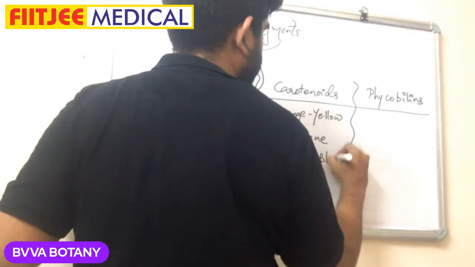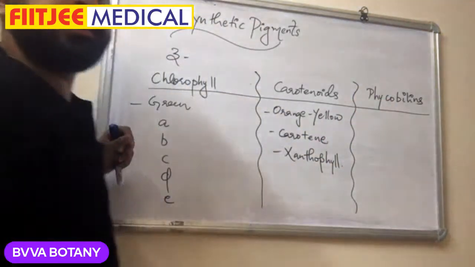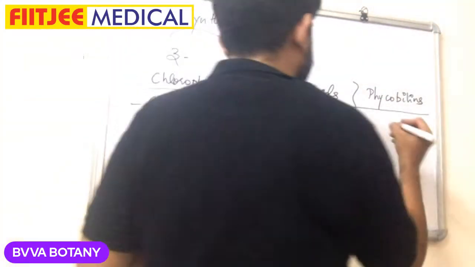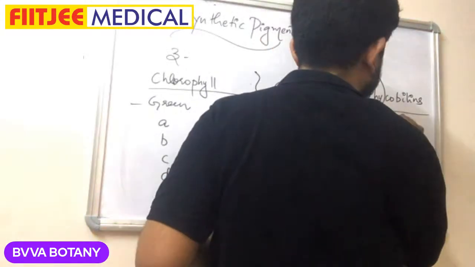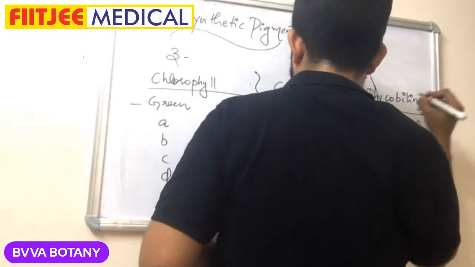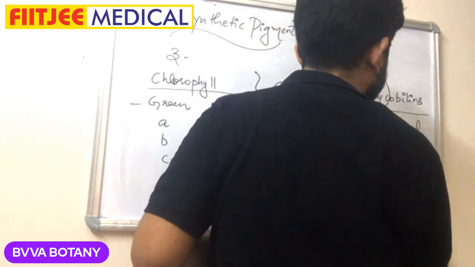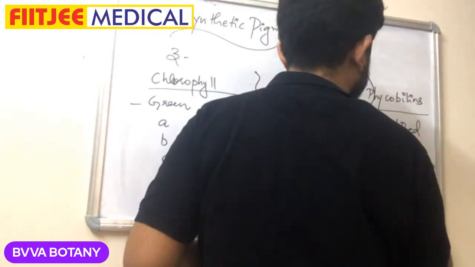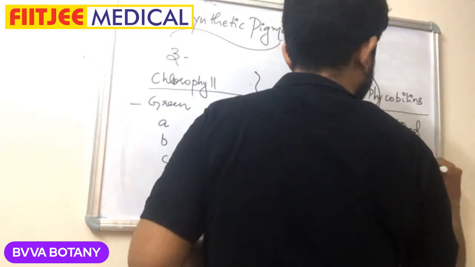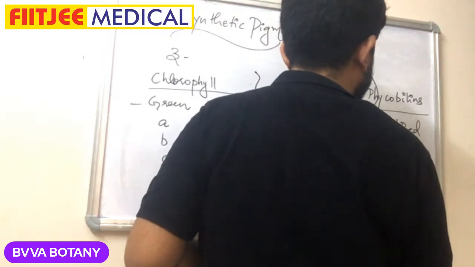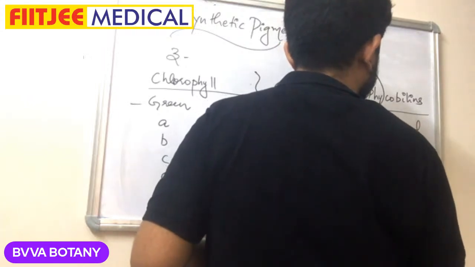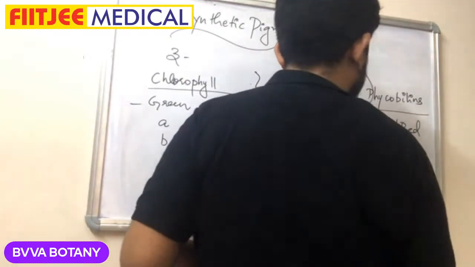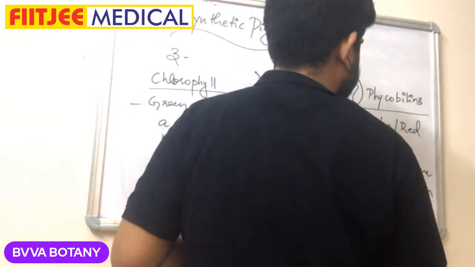And phycobilins can be blue or red in color. Again, three types of phycobilins are there: phycocyanin, allophycocyanin, and phycoerythrin.